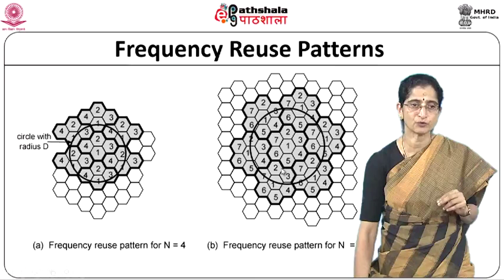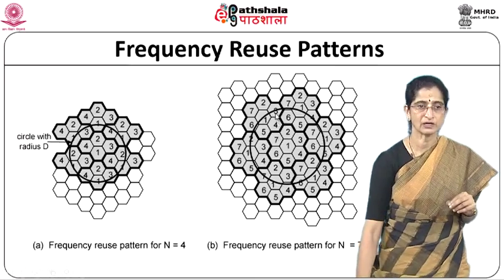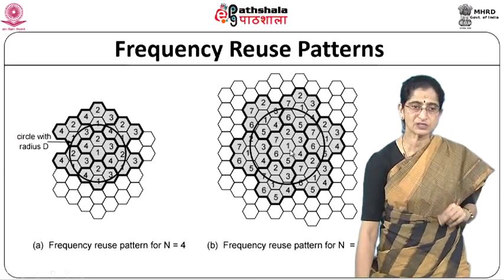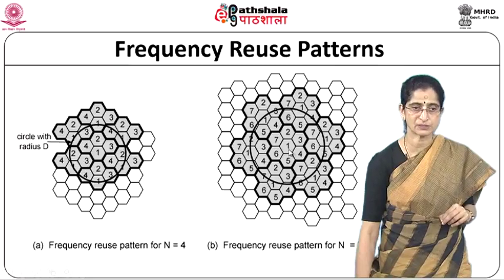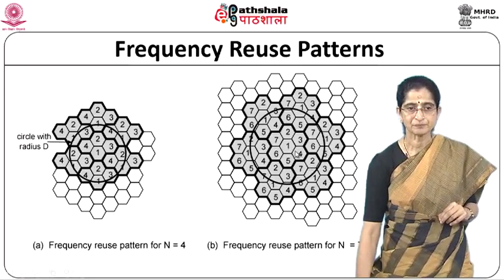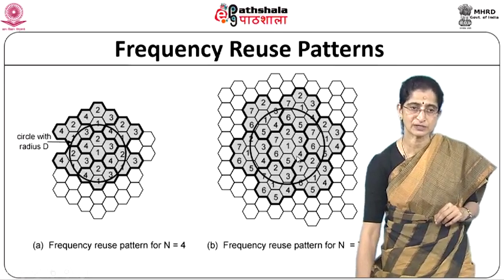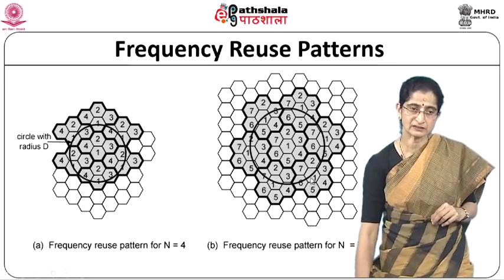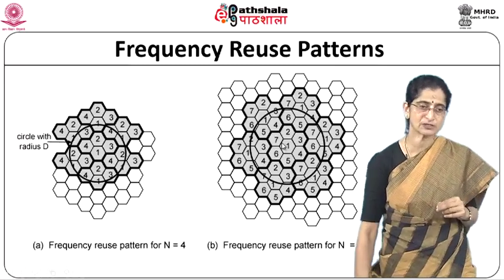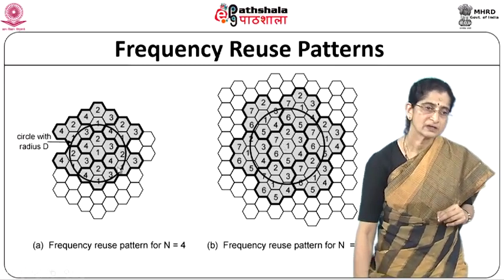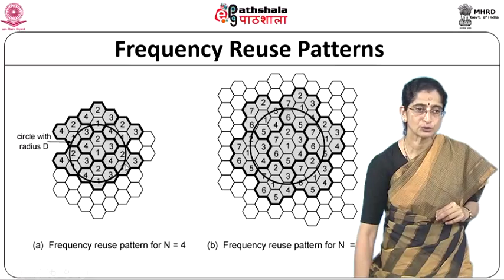It is either 2, 3, 4, 5, 6 or 7. The same thing holds for all. And the next cell using the same frequency set as 1 is at least about 3 cells away. So that is the reuse distance. Here you will see that the cell using the same set of frequencies is further away, whereas in the previous pattern it is just about a 2 cell distance.